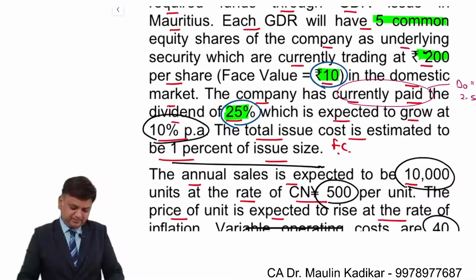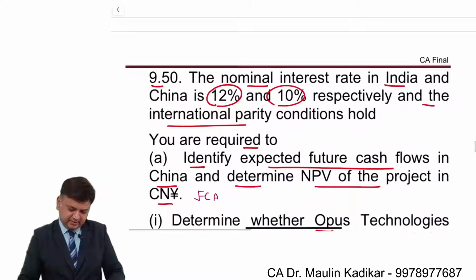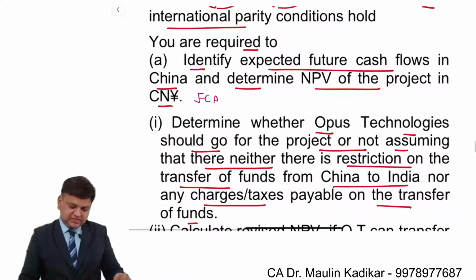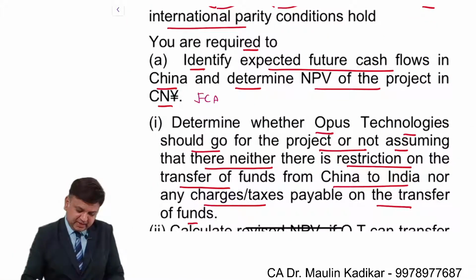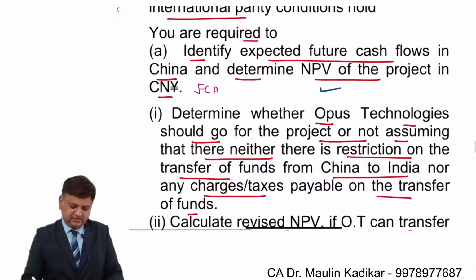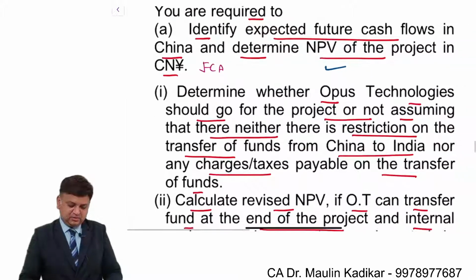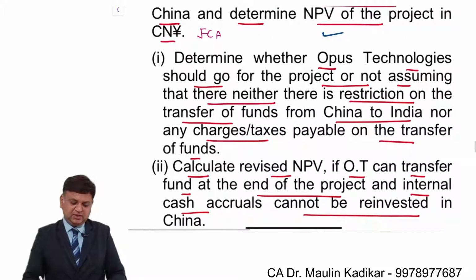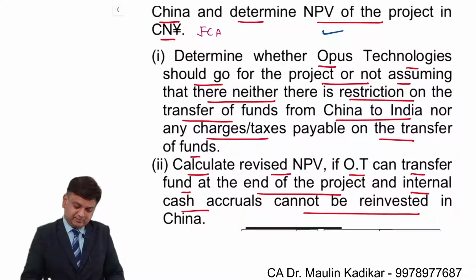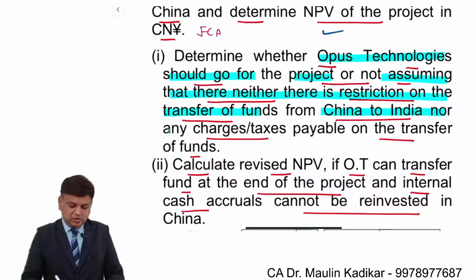Let us see now. The question number A, in that, identify the future expected cash flows and determine NPV. This is what we have done. Now further the question says that determine whether Opus Technologies should go ahead for the project or not, assuming that there are neither any restriction on transfer of the funds from China to India, nor charges or taxes payable on the transfer of the funds.